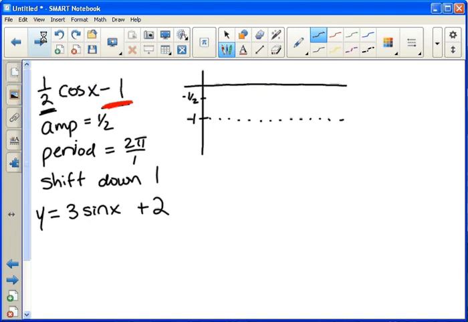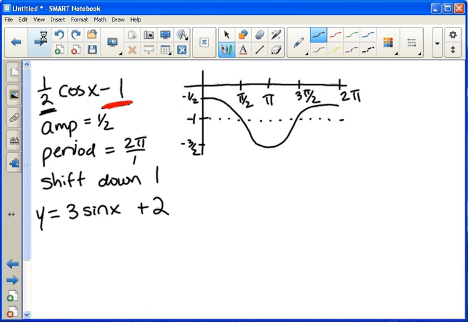And cosine has this basic shape. Since the period is 2 pi, you know it ends at 2 pi. In the middle we'd have pi, 3 pi over 2, and pi over 2. So that's one other way you can approach that.